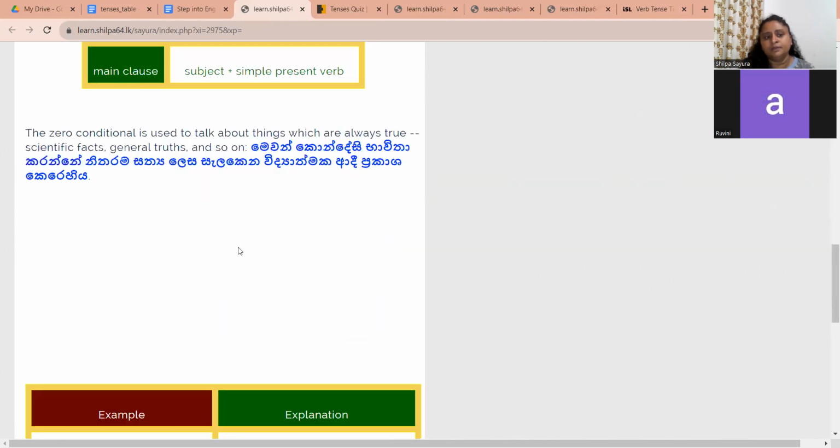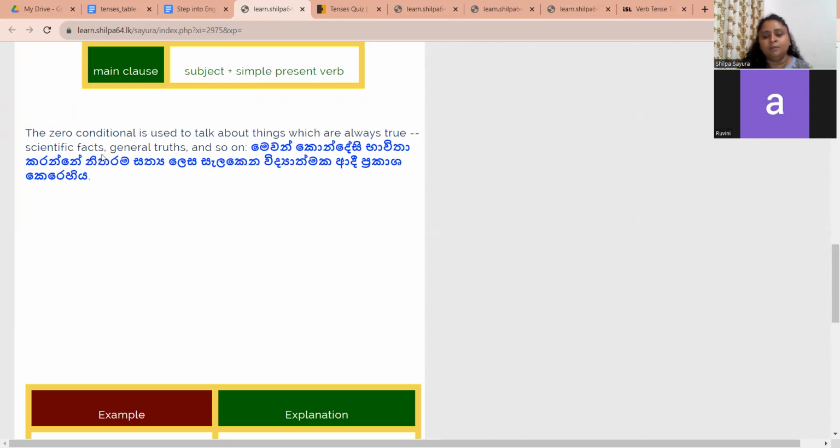Okay? The zero conditional is used to talk about things which are always true. Something that is true all the time. If you take an umbrella with you, you don't get wet. It's a truth, isn't it? It should be you don't get wet, not you won't get wet. Right? It's not a scientific truth, actually it's a general truth.